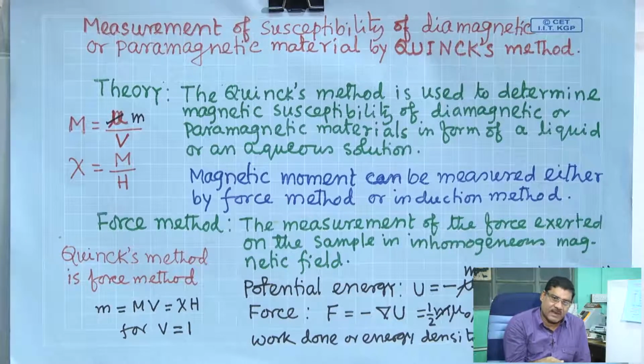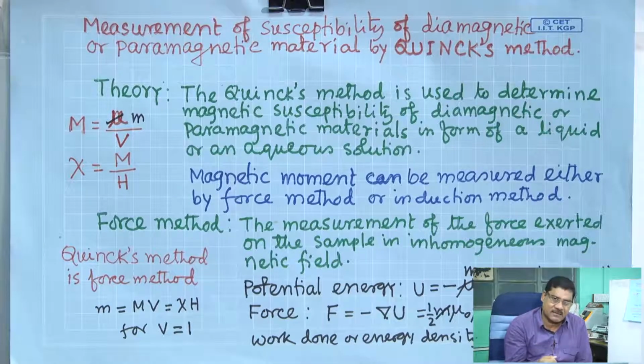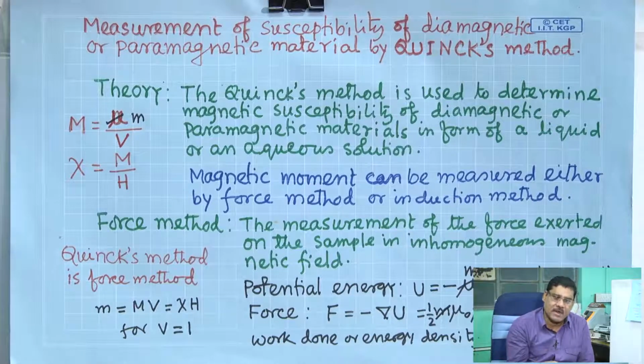If this flux coming from the magnetization changes, there will be a proportional induced EMF in the coil. Measuring this induced EMF, we are able to sense the magnetization. So, this is one way, the induction method.